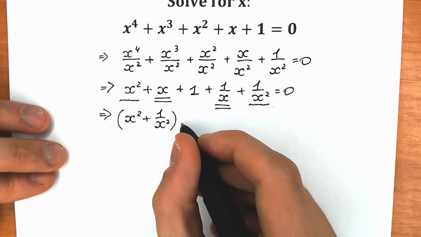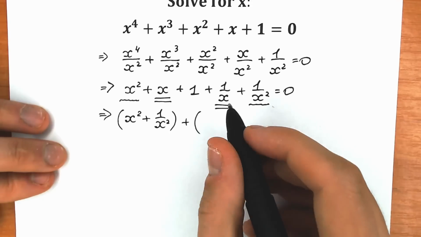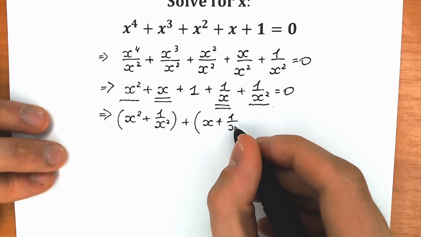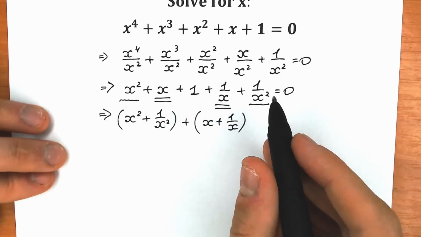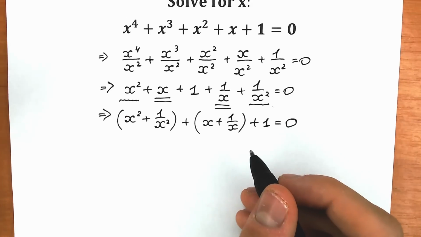The next we have plus, in another parenthesis we have the first power, so x plus 1 over x, and don't forget about this one, so we still have plus 1 is equal to 0.